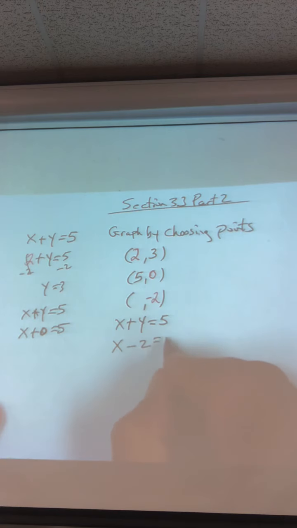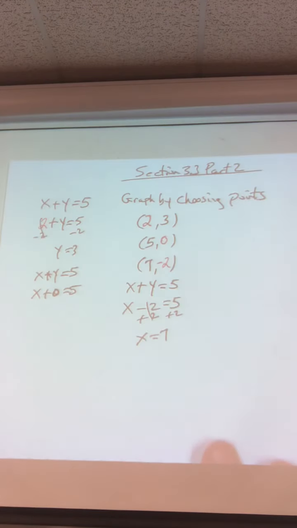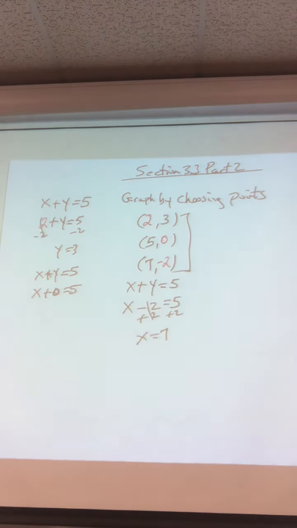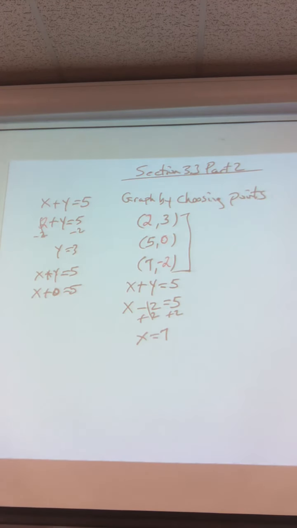And remember, that's the same thing as x minus 2. And then when you add 2 to both sides, you get x equal 7. So we've got these 3 answers right here. Now, are these the only 3 answers? Heavens no, there's millions others. And so your 3 answers and my 3 answers may look completely different. Now, let's draw the graph.